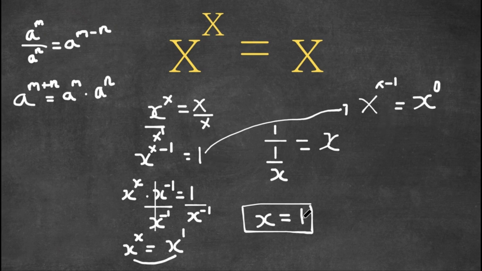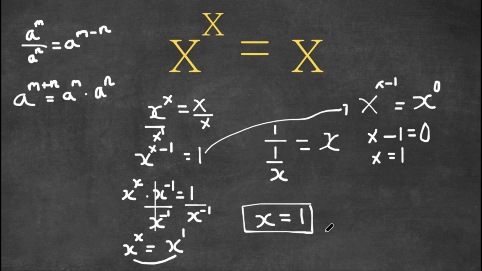Now, we're going to do the same thing as before and set our exponents equal to each other. So we set x minus 1 equals 0, and if we add 1 on both sides, we get x equals 1. So this is another way of doing it, and we have our solution as x equals 1.